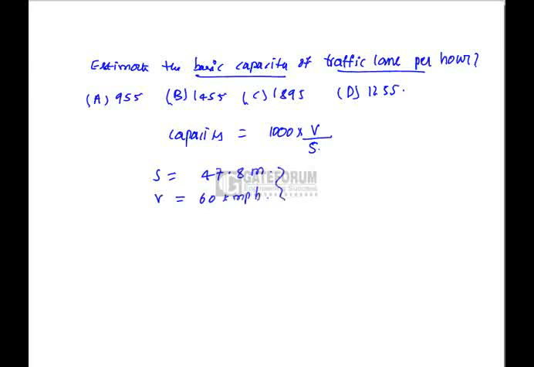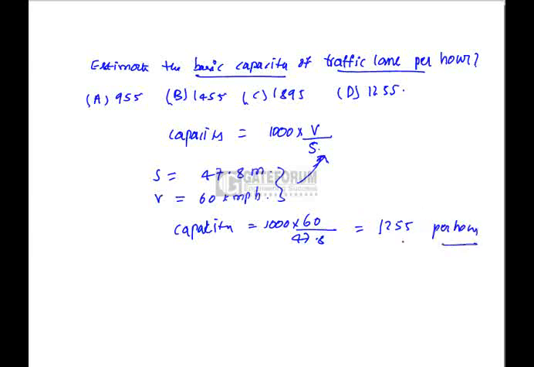By substituting these two values, capacity is equal to 1000 into 60 by 47.8, that is equal to 1255 per hour. So option D is correct.